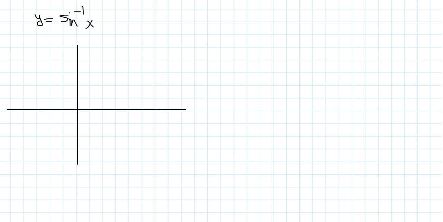In the unit circle, I want to tell you sine inverse is defined in quarter number 1 and quarter number 4. So the domain of sine inverse is between -1 and 1, and the range of it is between -pi/2 and pi/2.